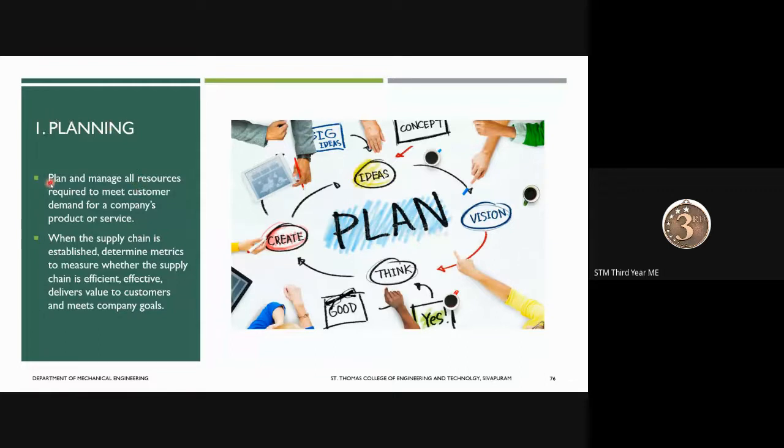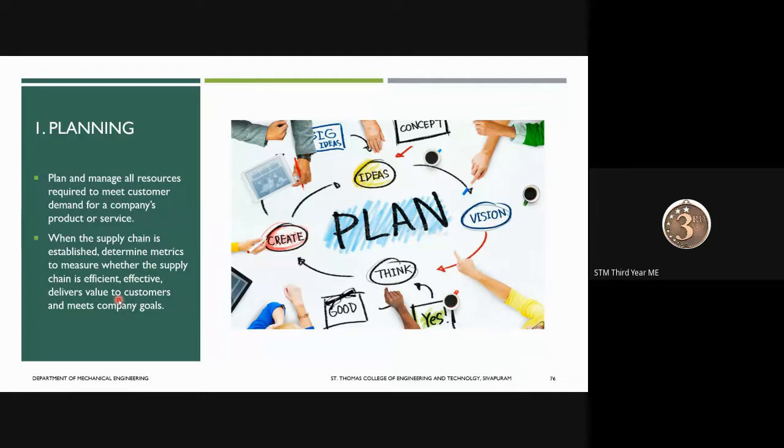And when the supply chain is established, we determine metrics to measure whether the supply chain is efficient, effective, and delivers value to the customers, thereby meeting company goals. Company goals are always set to attain productivity or to attain profit. The end result is always to attain profit, right?